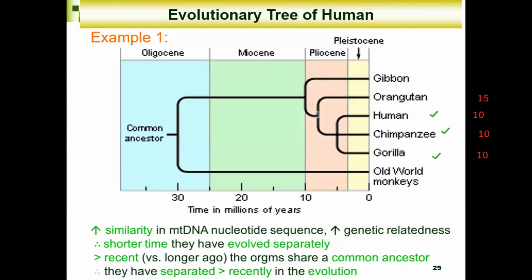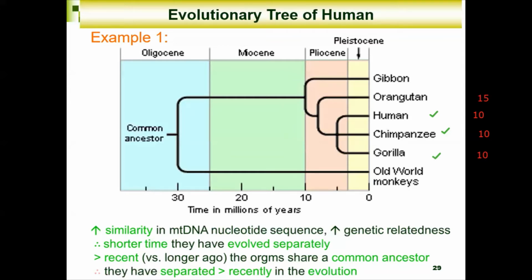So this is the common ancestor. In that way, you can draw the evolutionary tree based on genetic relatedness, based on how recent the ancestor is. The more closely related their DNA, the more recent the ancestor, and the less time for them to diverge from one another. Okay, so that's how you draw it.